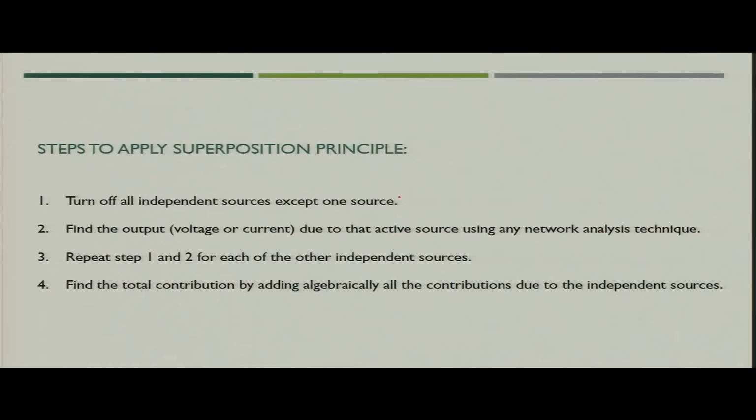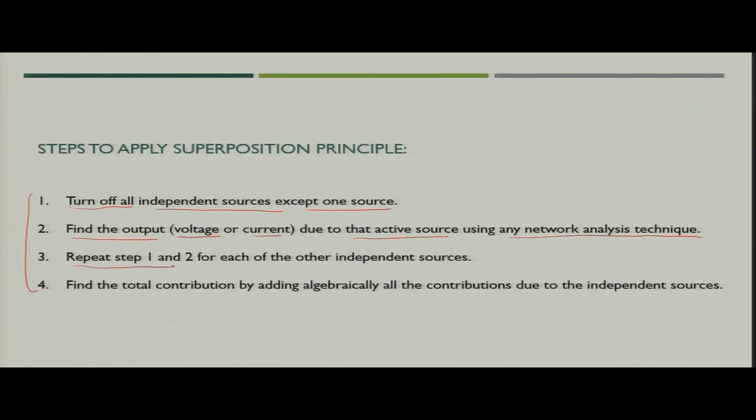So, in summary, for applying the superposition theorem, you will first turn off all the independent sources except one, and find the output, that may be the voltage or current, due to that active source using any network analysis technique, that can be simply Kirchhoff's voltage or current law, or maybe nodal or mesh analysis.